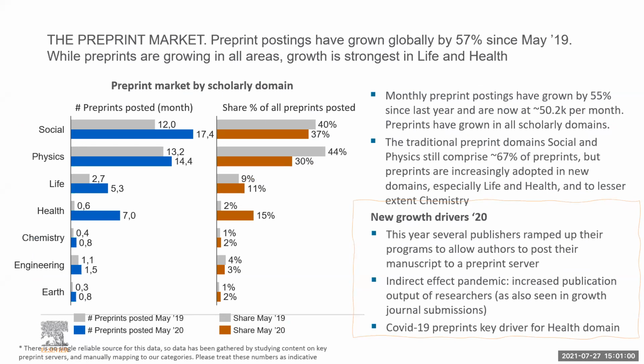Preprints became more popular there much earlier, although there's large growth happening in health in 2020. I think that growth certainly continued throughout 2020. 2021 is leveling off slightly so far, but I would imagine that we'll continue to see strong numbers in that area. There are currently about 50,000 preprints being posted every month, and that number is continuing to grow. So a very high number of papers.